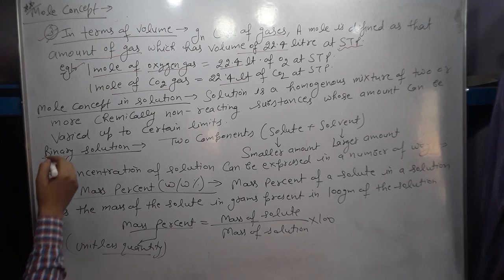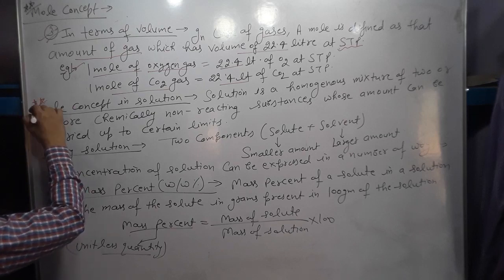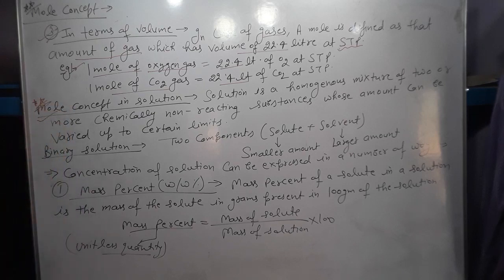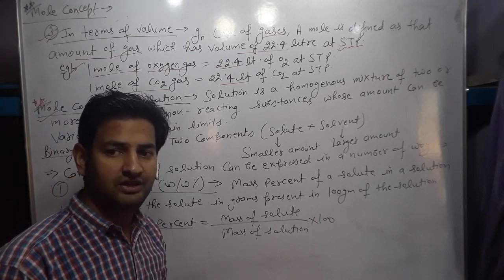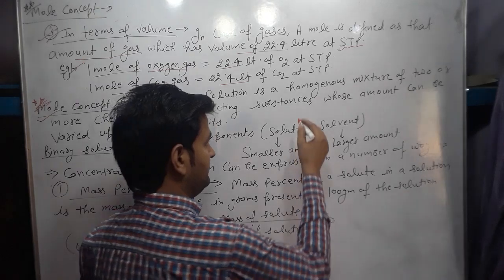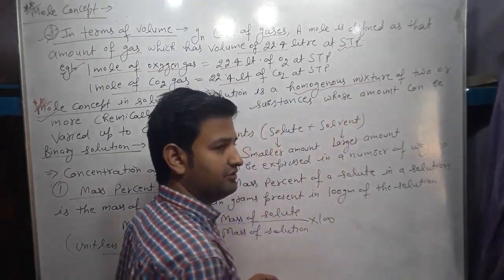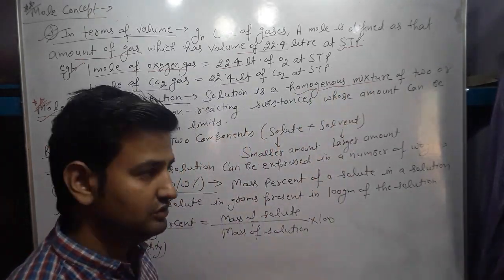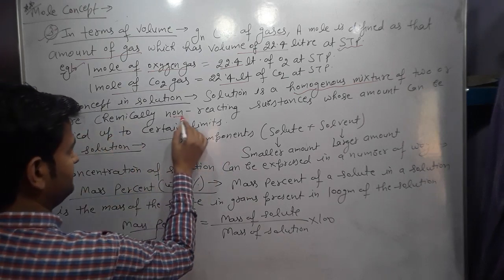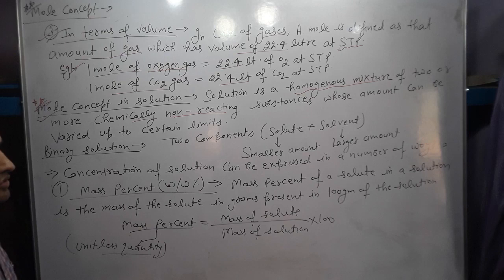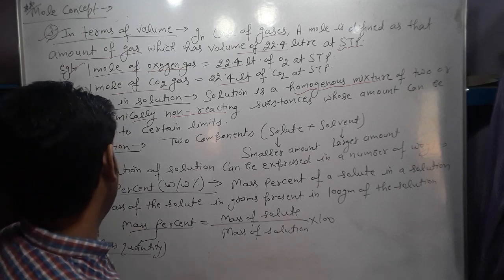Next our point is mole concept in solution. It is also in the 12th class first unit, Solution. The mole concept in solution. What is a solution? A solution is a homogeneous mixture. Homogeneous mixture means whose composition is similar throughout, of two or more chemically non-reacting substances, whose amount can be varied.